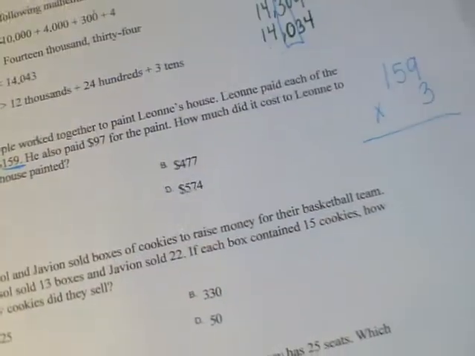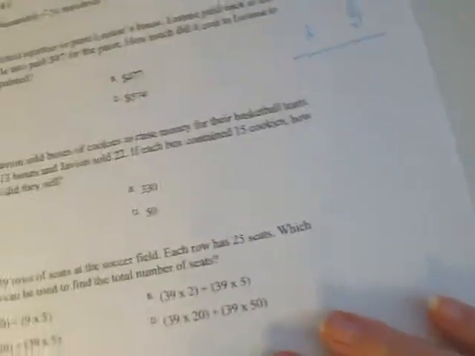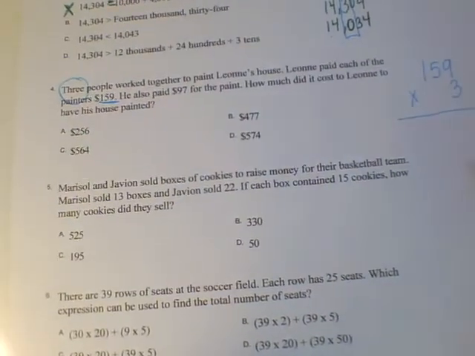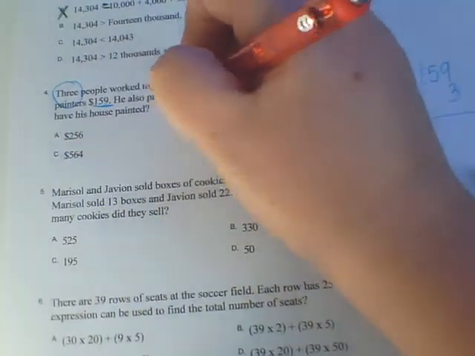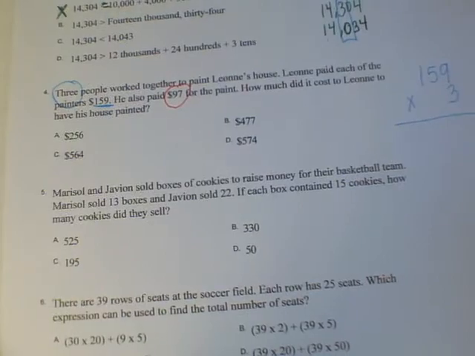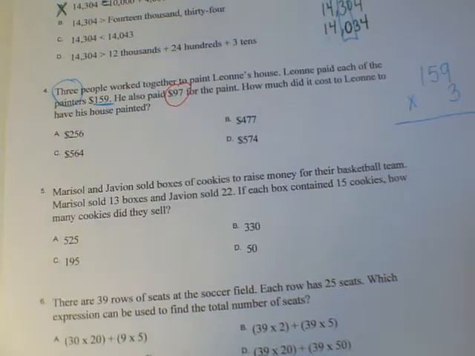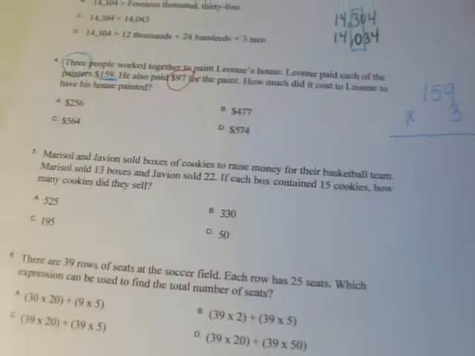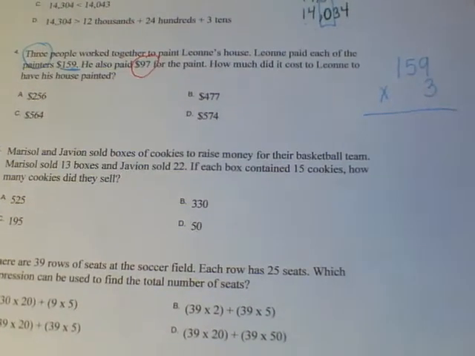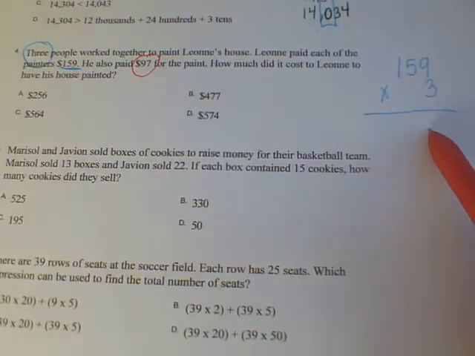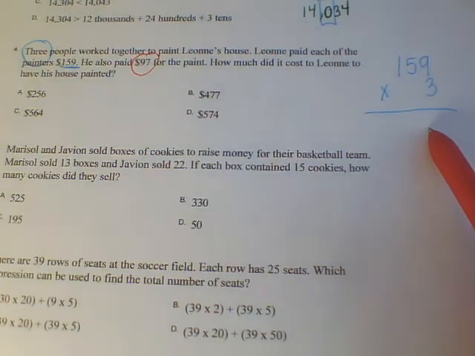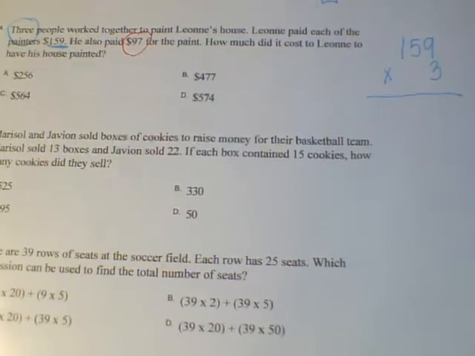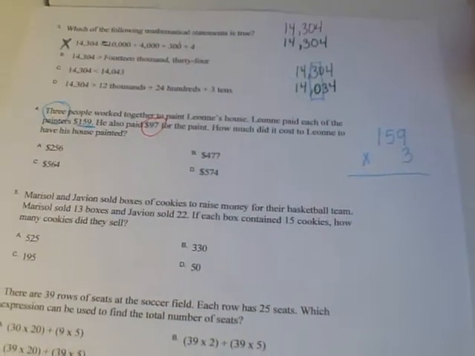Then it says he also paid $97 for the paint. How much did it cost Leon to have his house painted? Oh, so this is a 2-step problem. So I first have to figure out how much did he pay his painters? Then I have to add $97 to it.